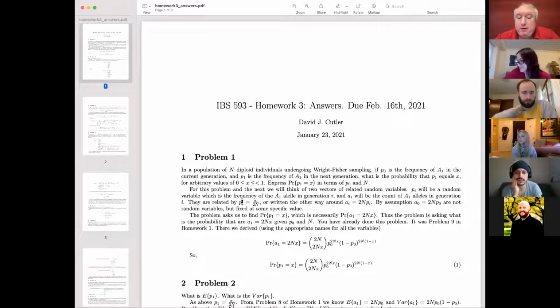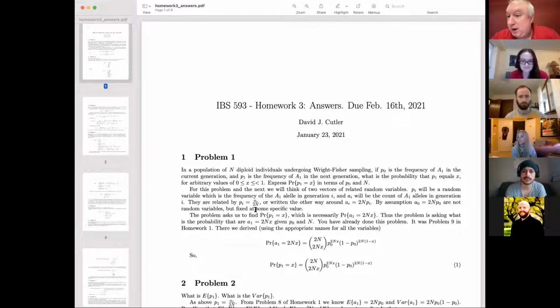This new random variable changes the observable outcomes. It doesn't change any of the probabilities, right? So if the probability ai equals k is something, and pi is equal to ai divided by a constant, the probability pi equals that same thing must be the same as the probability ai, isn't it?